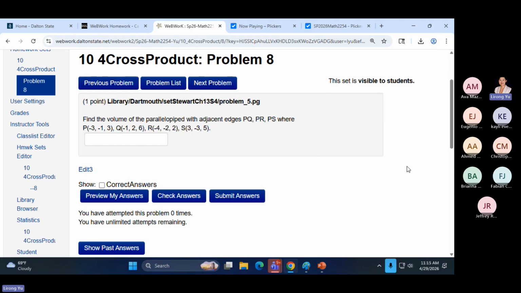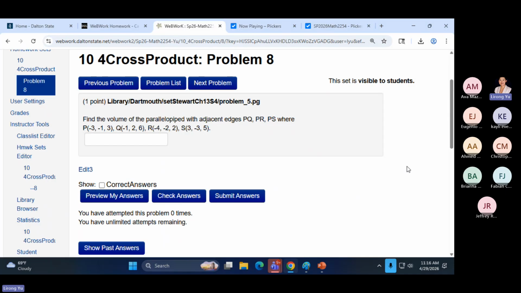This question says we are forming a parallelepiped using 4 points. These are not vectors, so P, Q, R, S, those are points. You first have to find the vectors, and when you form the vectors of the parallelepiped, you want to make sure you start with the same point.